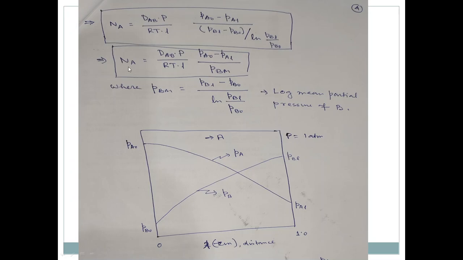Okay. Now here, if you see, I am calculating flux in terms of pressure and partial pressures of A and B. But you know, other forms are also required, because sometimes my driving force will be, instead of partial pressure, mole fraction or concentration.